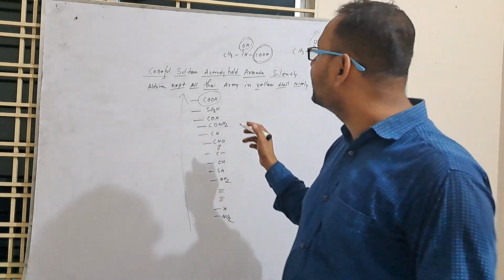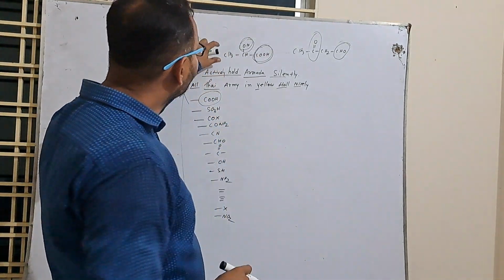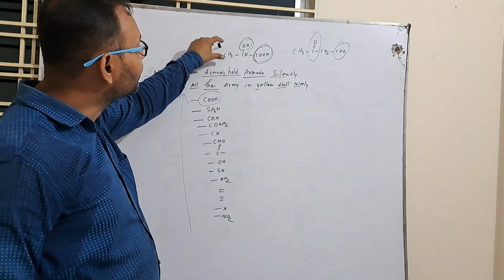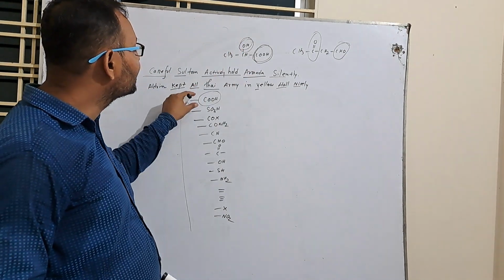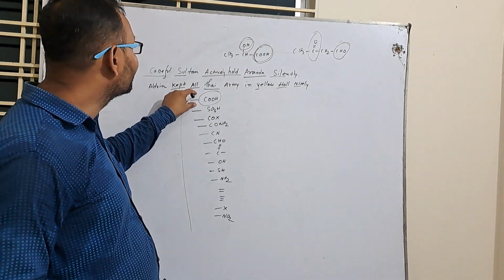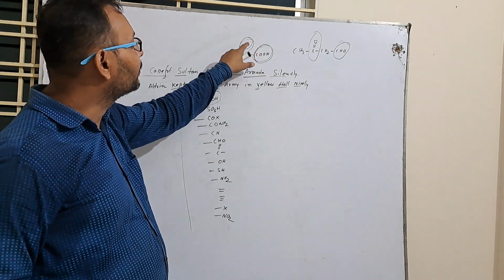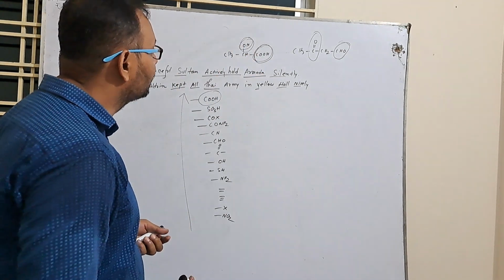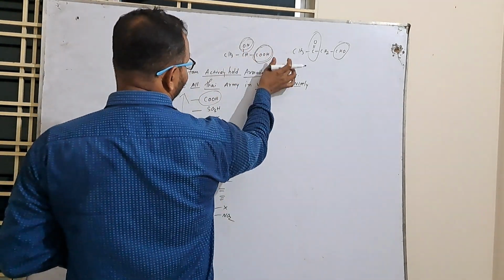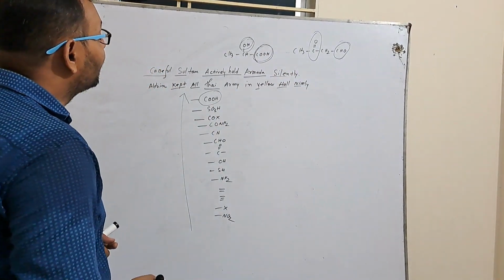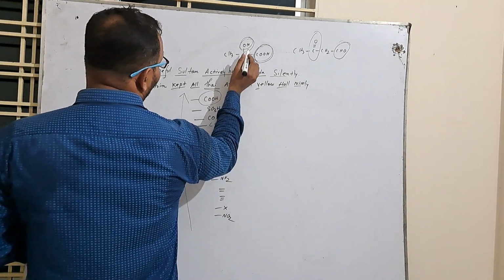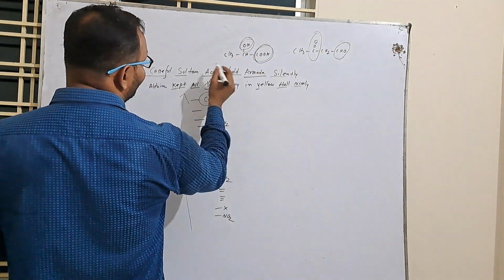So what will be the name of this compound when we encounter these kinds of compounds? There are two functional groups, OH and COOH. You can see easily that COOH has priority over OH or alcohol. So this is a carboxylic acid, not an alcohol. Here there is a branch.